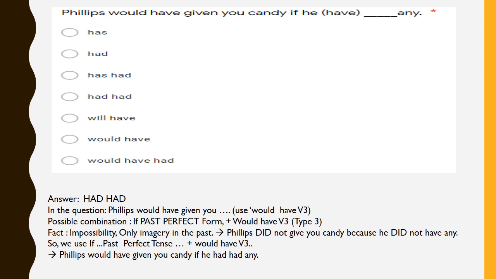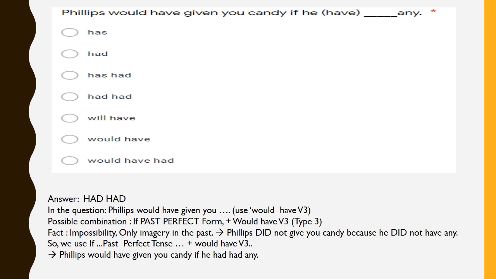Question. Phillips would have given you candy if he have any. Answer. Had. In the question, Phillips would have given you uses would have verb 3. So the possible combination is if past perfect form combined with would have verb 3, or type 3, because the fact is an impossibility.